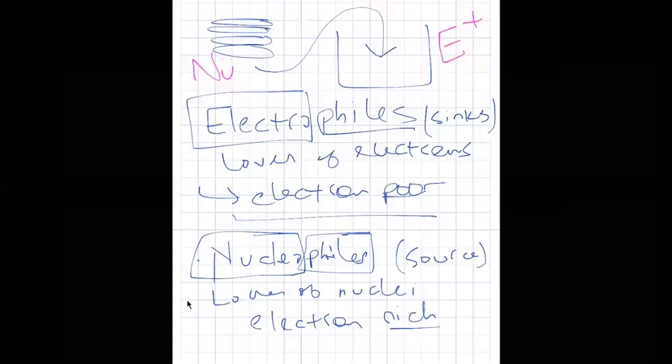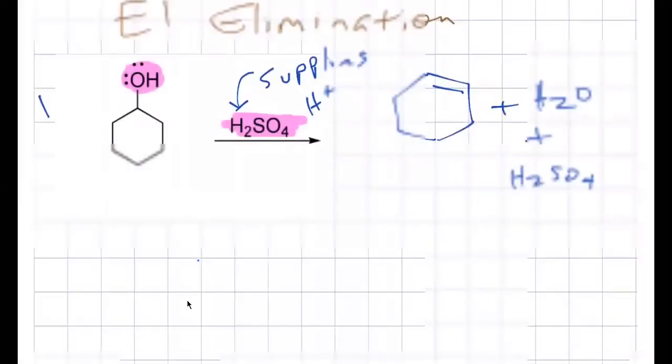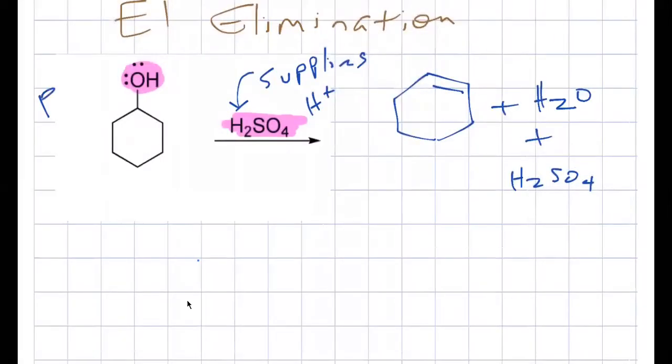It's a really poor leaving group. So in order to make it leave, we've got to do something to it, right? We've got to make it a better leaving group. So that's the purpose of the sulfuric acid in this case. It's going to protonate that alcohol and convert it to water, right?